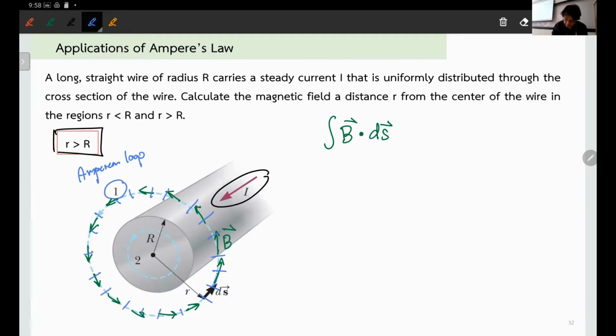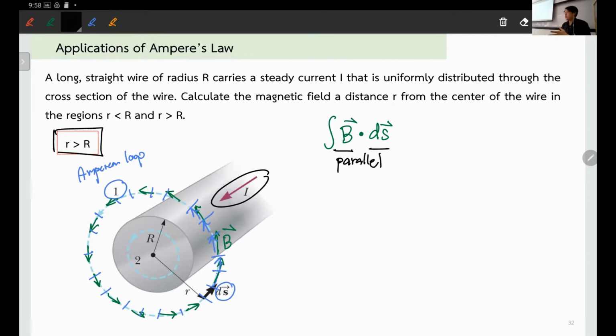You guys with me? Yeah, so that's ds, ds, ds, ds. Right here, ds. Okay? However, because everything is sort of circulating around the loop very nicely, from the look of this one, B and ds are parallel.